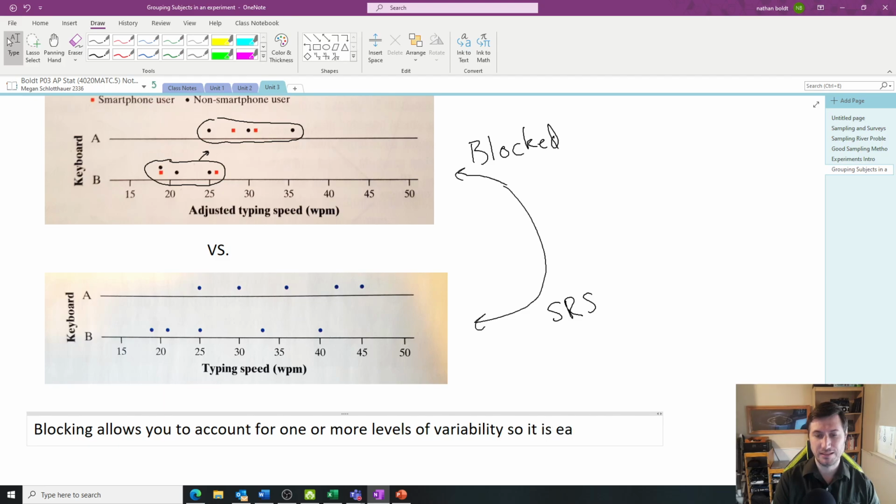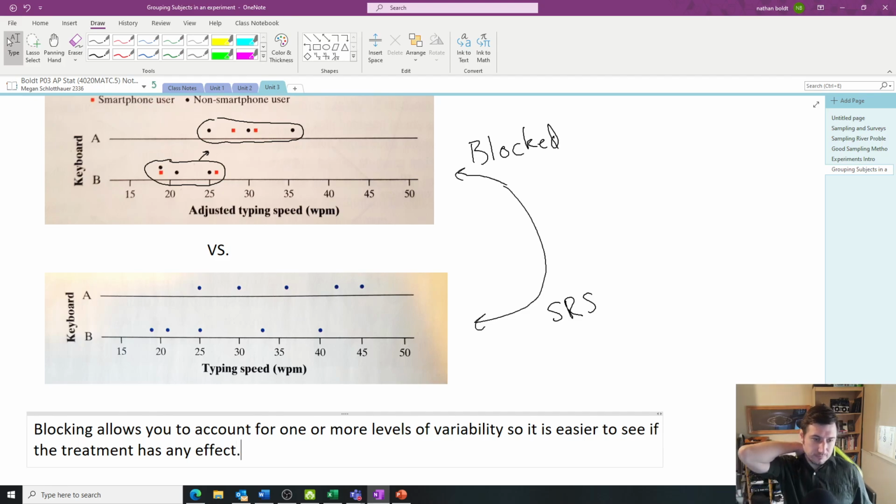So it is easier to see if the treatment, whatever it may be, has any effect. So we were able to get rid of the type of cell phone you use as a level of variability. We were able to get rid of it.